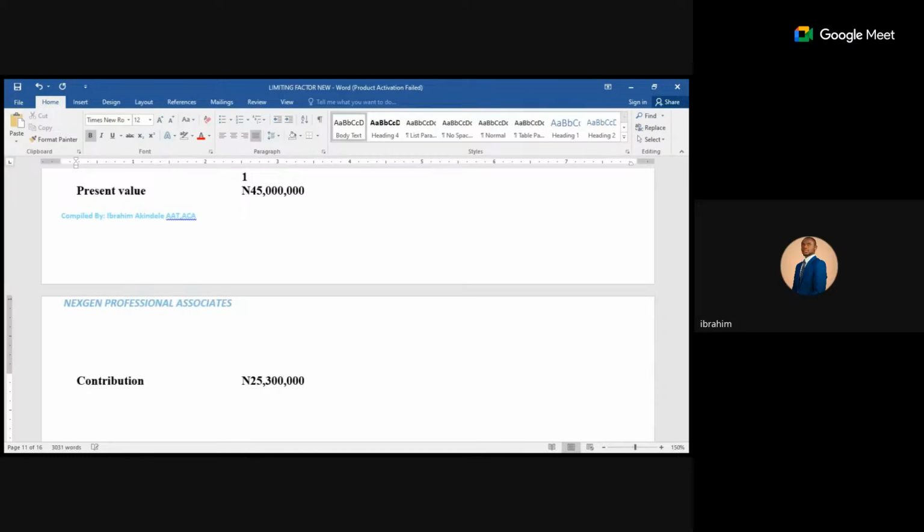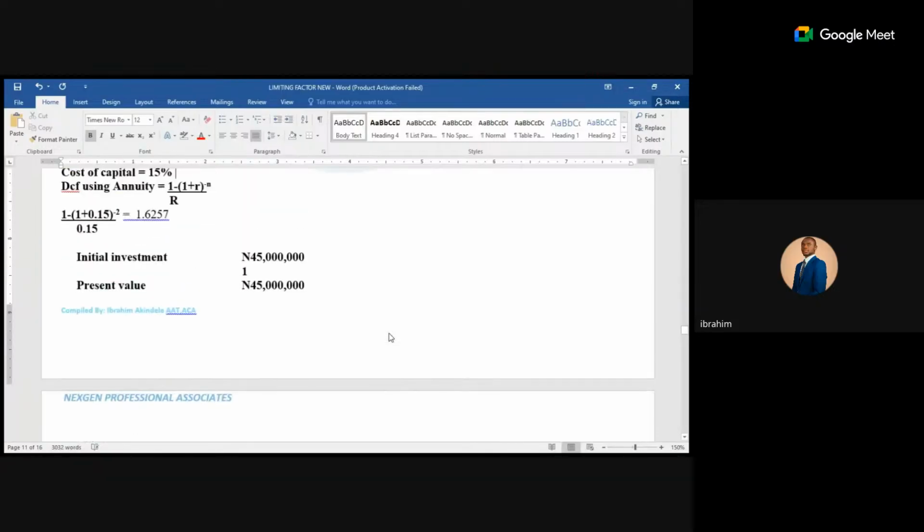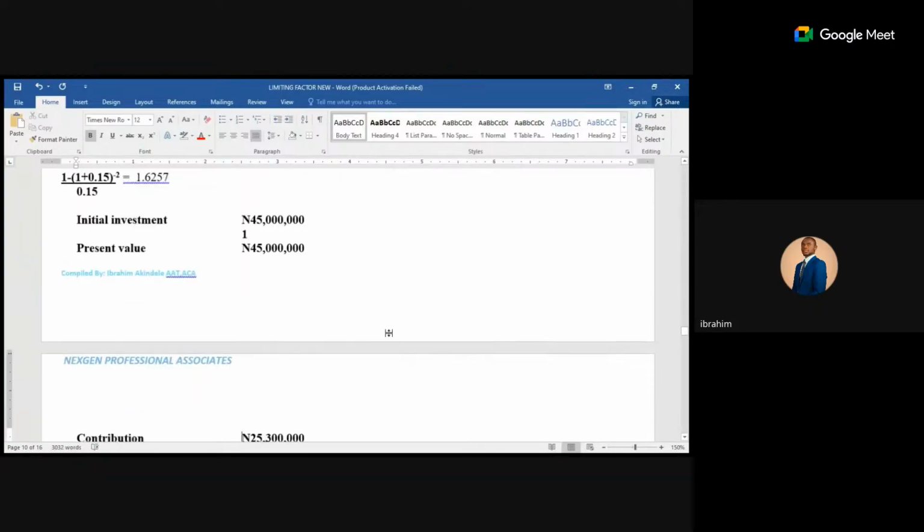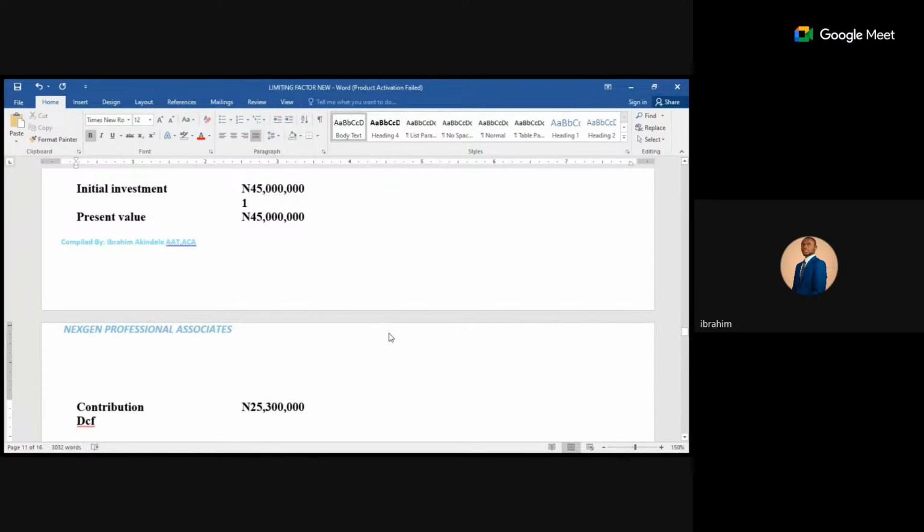Then you have your DCF. What is our DCF? 1.6257. So what will be the present value when you multiply?